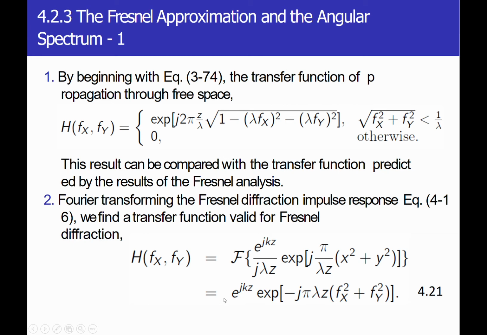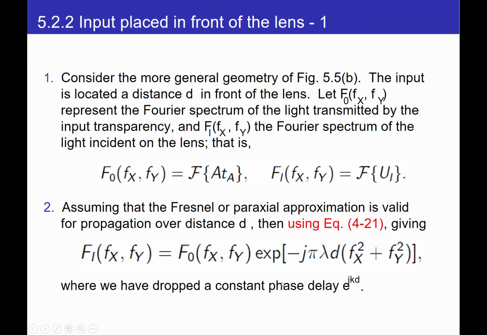But the e to the ikd is a constant, so we dropped it. So we have a transparency, and then it is propagating through d. Then you get this expression for the Fourier transformation of the incoming light just before the lens.